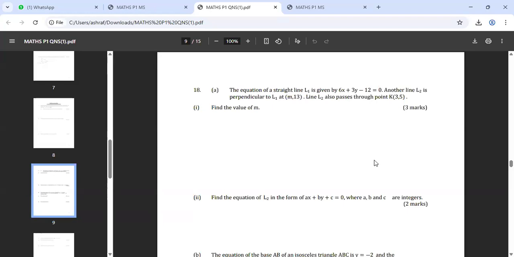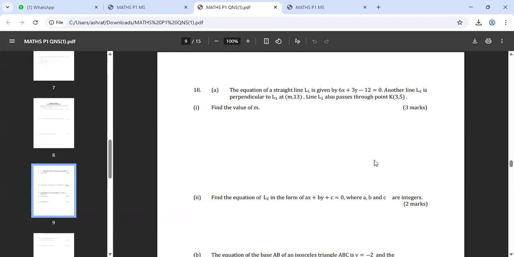Then we are using point K, 3, 5, and this point M, 13. Using the 2 points, we do change in y over change in x, and equate it to a half. So change in y will be 13 minus 5 divided by change in x, M minus 3, equals a half, and then we cross multiply.